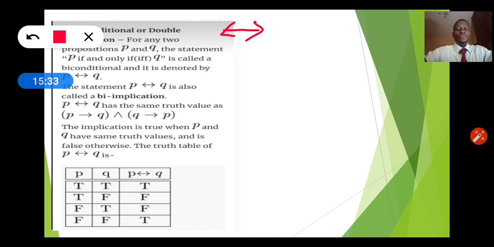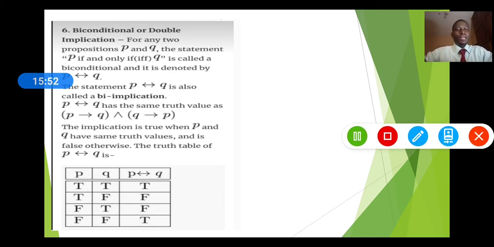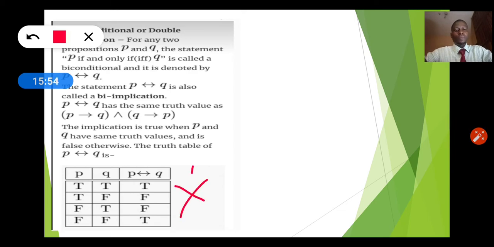Okay? If and only if. Now, let's look at its truth value for this particular proposition, biconditional or double implication. This is the truth value we have there. Good.